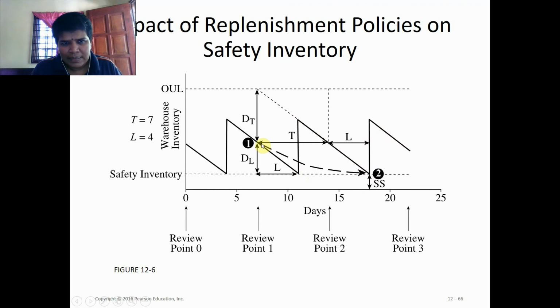From this point to this point is T, and the T value is 7, and to this point is L, the lead time is 4. So here actually we have, as I mentioned earlier, two policies, a cycle and periodic policy. So the impact on the policy itself.